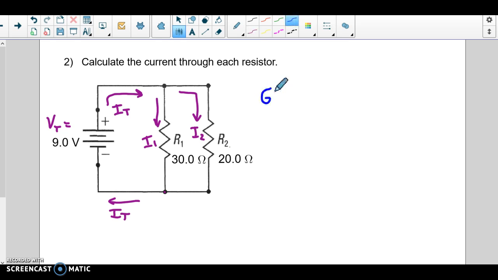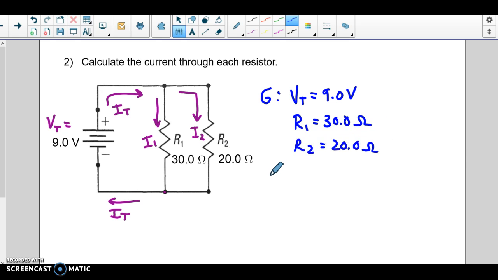I'm going to go ahead and start my GRASP method. So I'm going to list the things that I know. I know that the voltage of the source is 9 volts. I know R1 is 30 ohms. And I know R2 is 20 ohms.